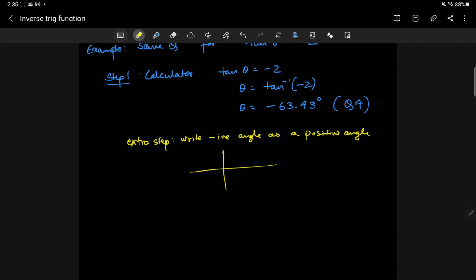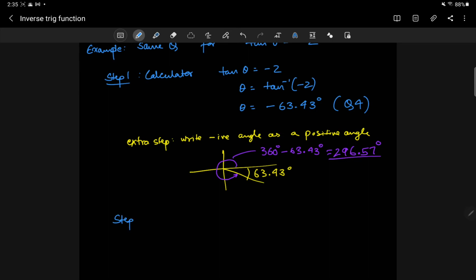That means that I know this angle is 63.43 degrees. Therefore, this positive angle is going to be 360 minus 63.43, which is 296.57 degrees.